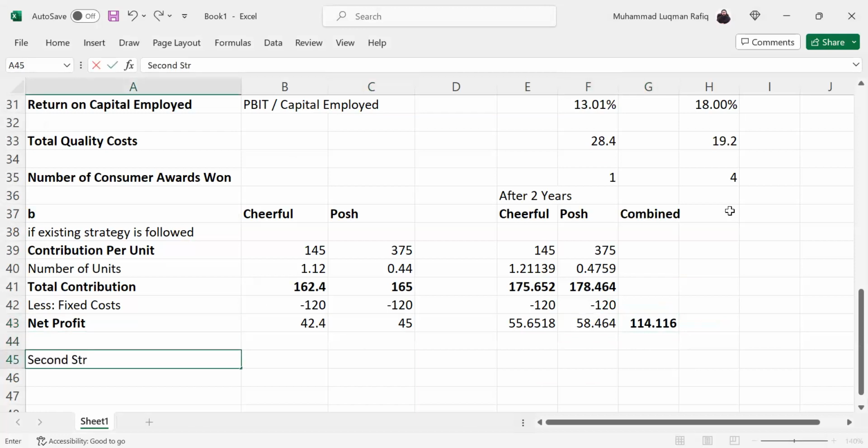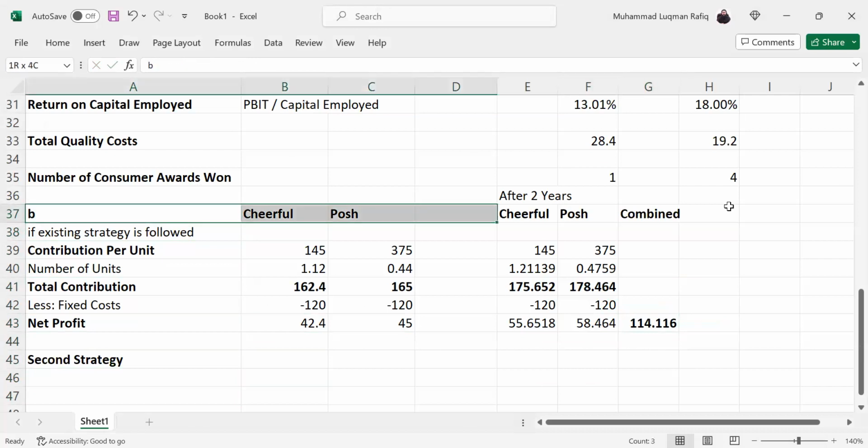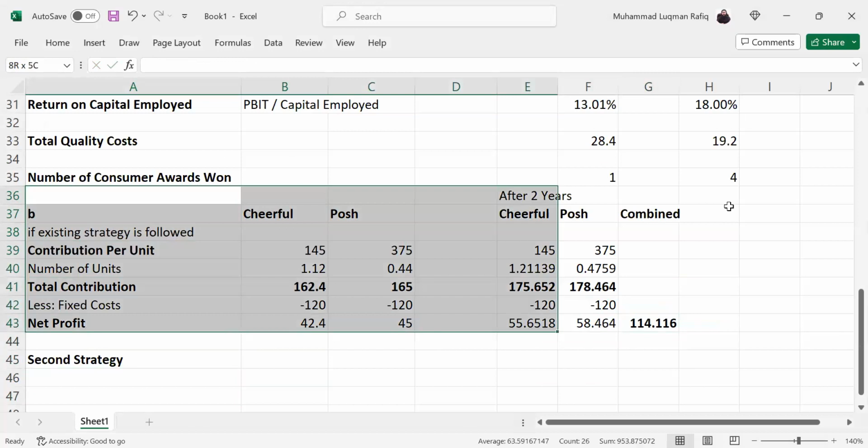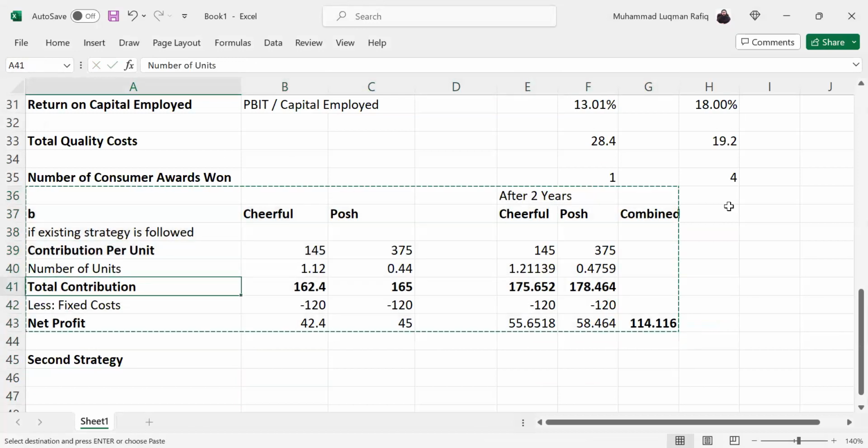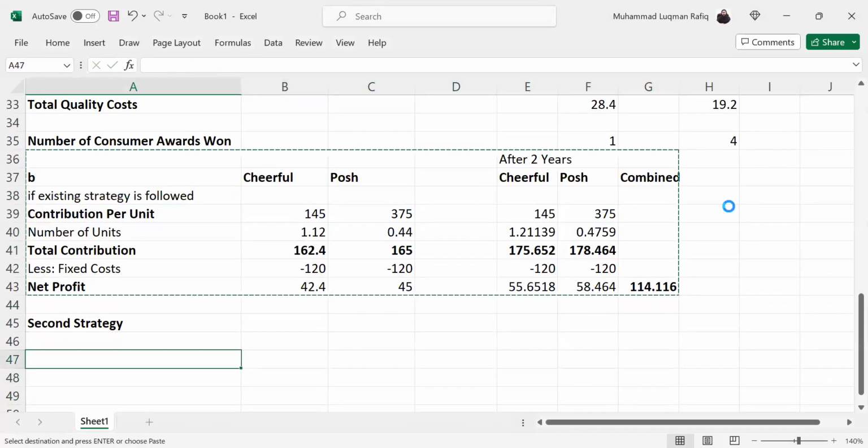Second strategy. For the second strategy, what's going to happen?